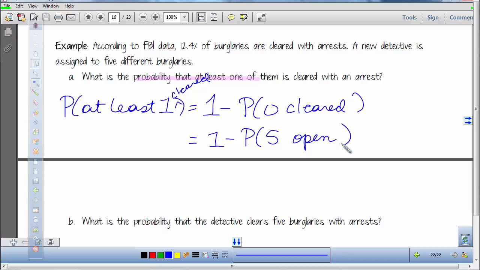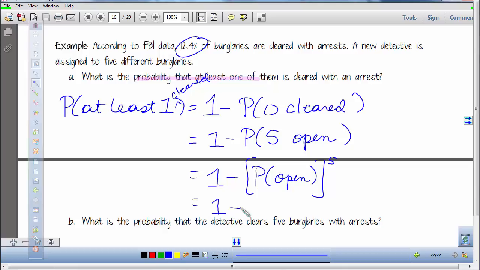Again, we're given a percentage, and this percentage should be based on a law or a large number of observations, so we're going to treat these things as if they are independent. So we have the probability of open times the probability of open, with 5 factors. The probability that the case is not cleared with an arrest is still open. We're going to raise that to the 5th power.